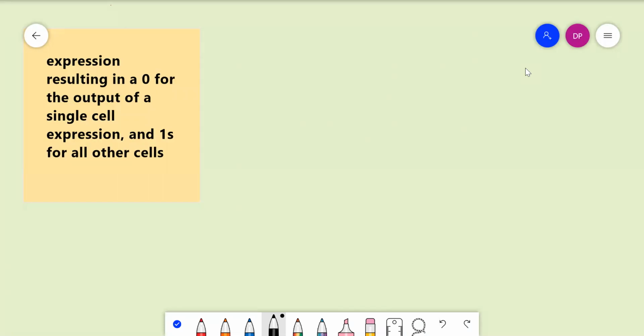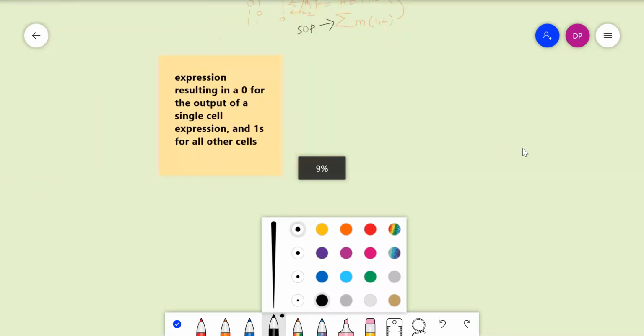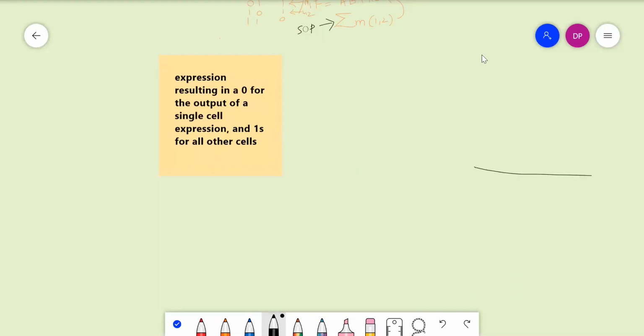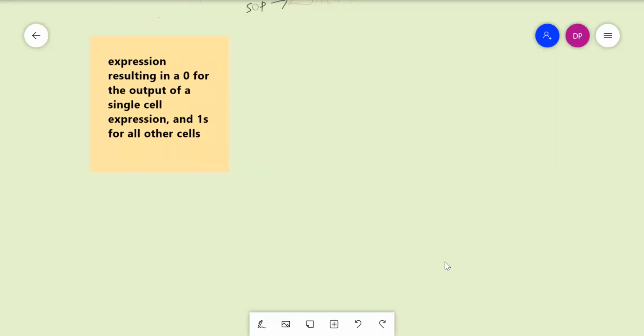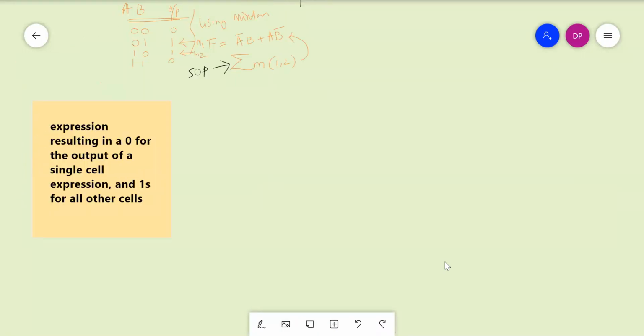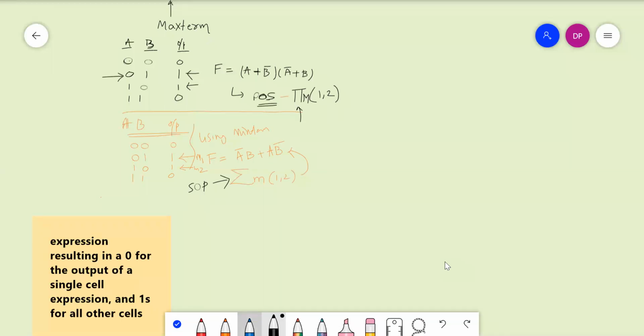So last class we have seen min terms and max terms, right?